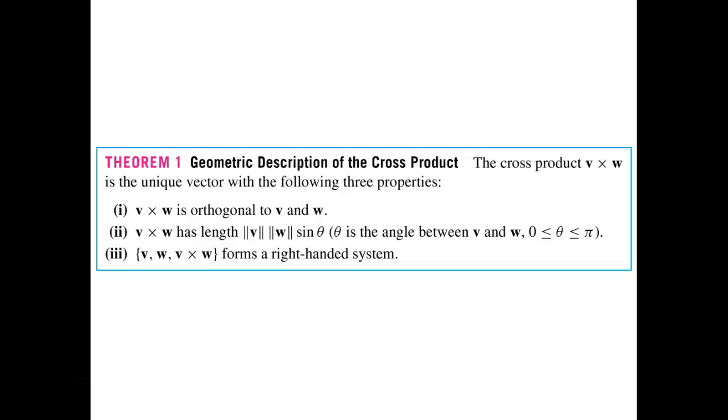Now, and number three, the set of V, W, and the cross of V and W forms a right-handed system. And we basically, not quite said that, but came close to being the same thing as this. Now, theta is the angle between V and W. Oh, I said acute angle.